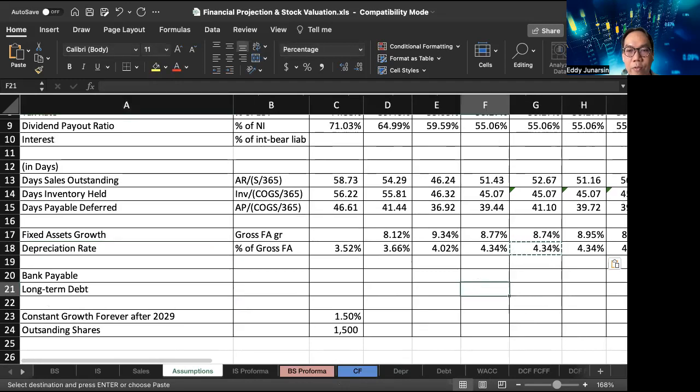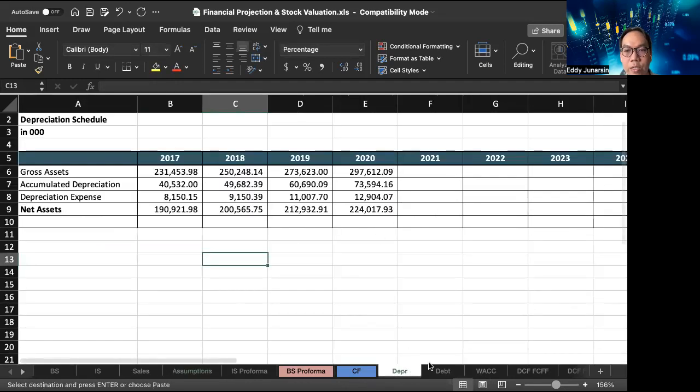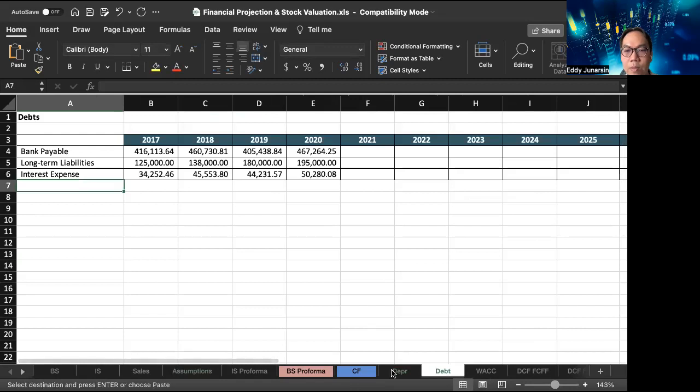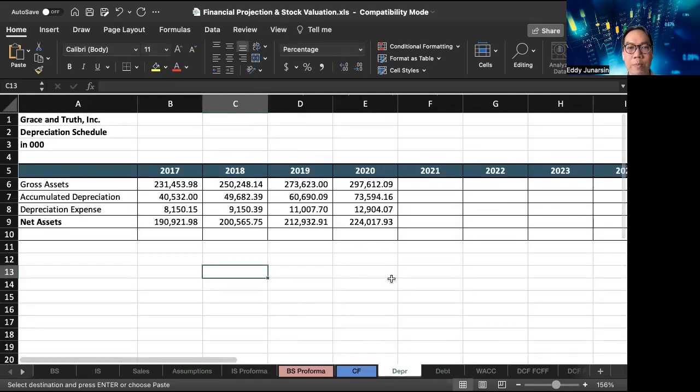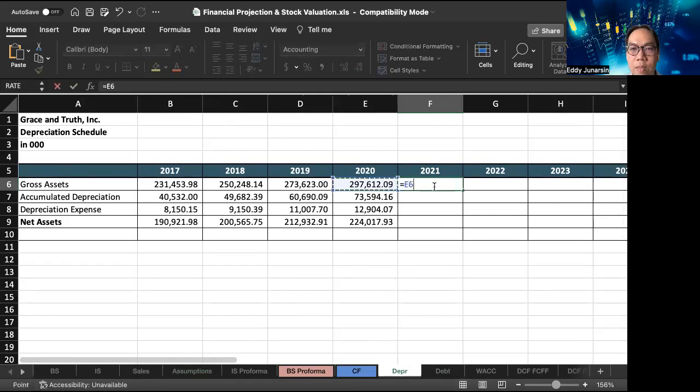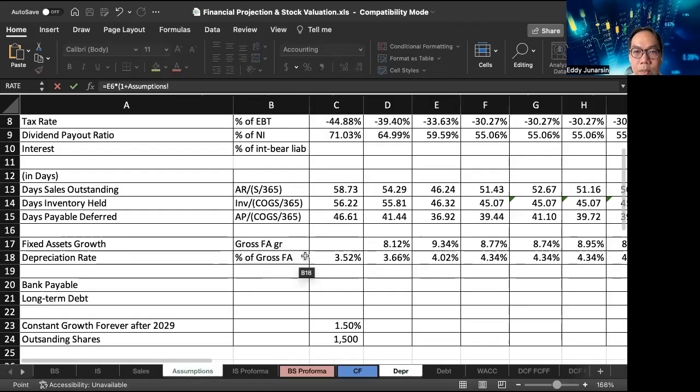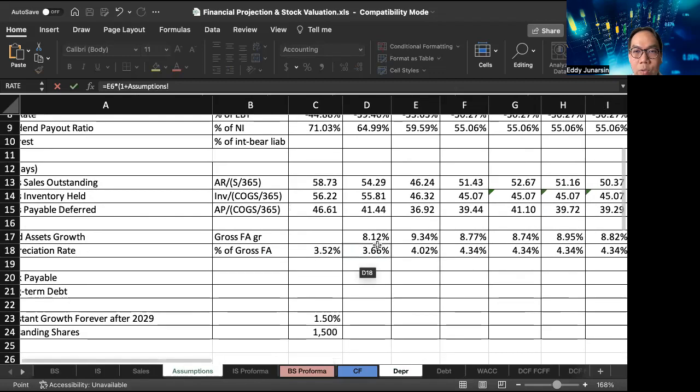Okay, so we're pretty much done with this one. And depreciation and debt, maybe we can estimate it now. So gross assets in 21, 22, and so forth should be based on the gross assets in 2020, going by this one, the growth, 2021.